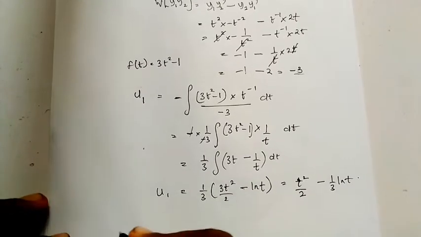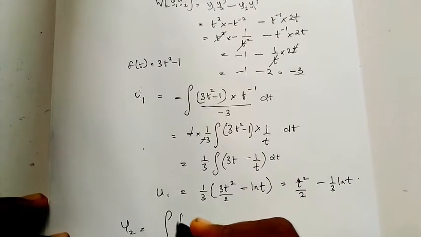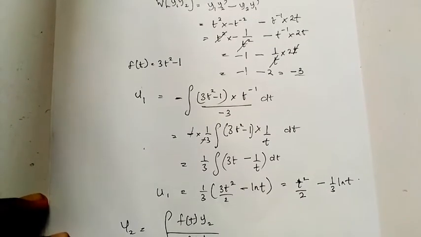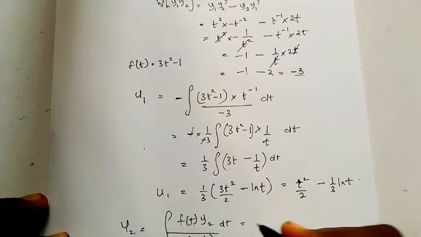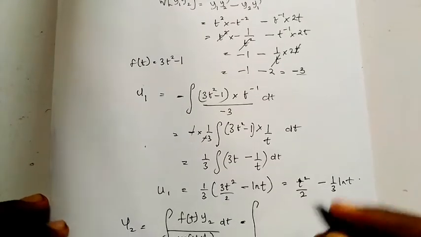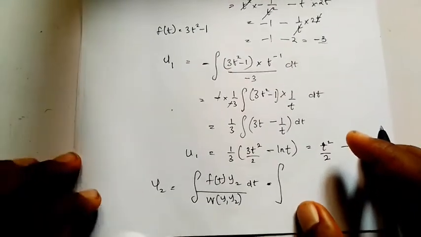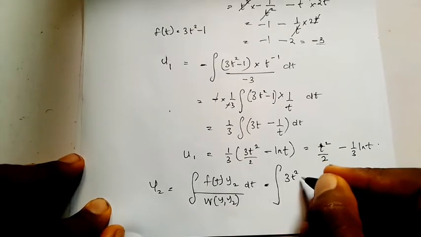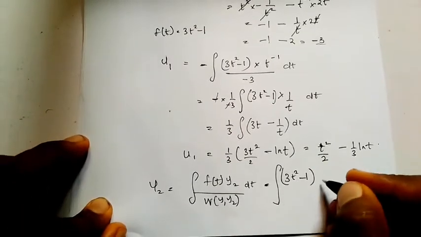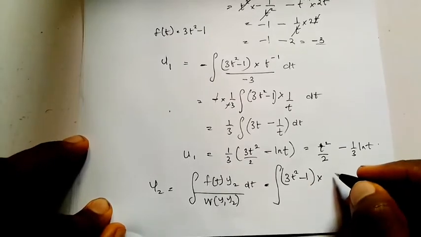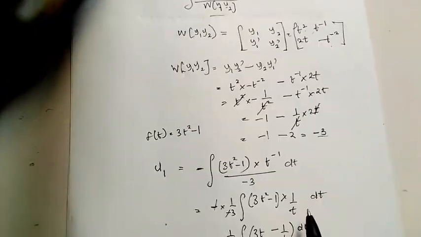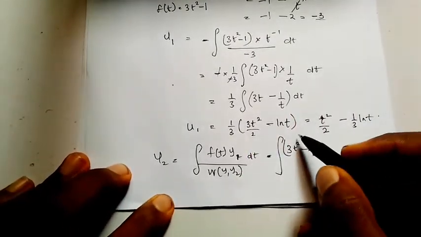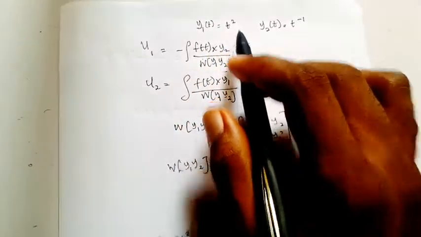Now to calculate for u2, it says the integral of f(t) times y1 divided by the Wronskian of y1, y2 dt. So f(t) is 3t squared minus 1, times my y1, which is t squared, right?